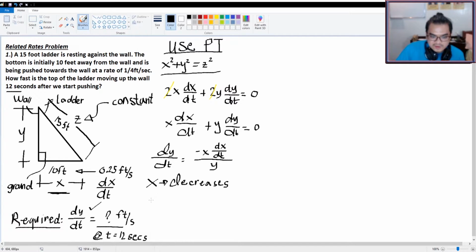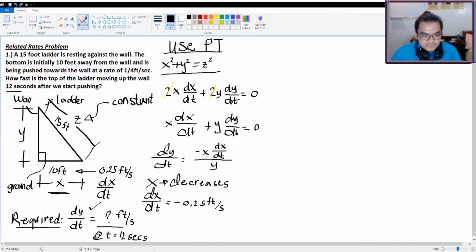If x decreases, that means this 0.25 must be negative because it is decreasing. So dx over dt must be equal to negative 0.25 feet per second.